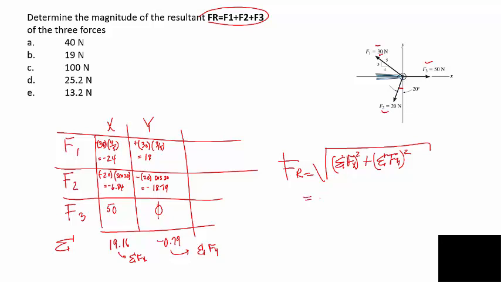Okay, 19.16 squared plus 0.79 squared. And this 0.79 is so small that, since it's three significant figures, then we get 19.2, which is the closest to 19. Remember, it's the best answer that you have, okay?